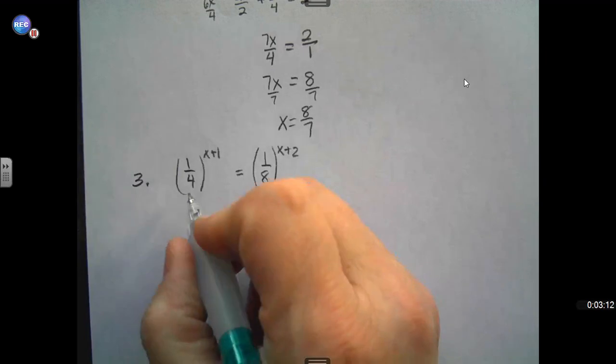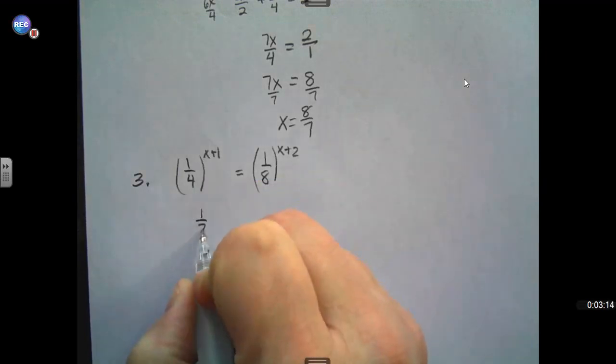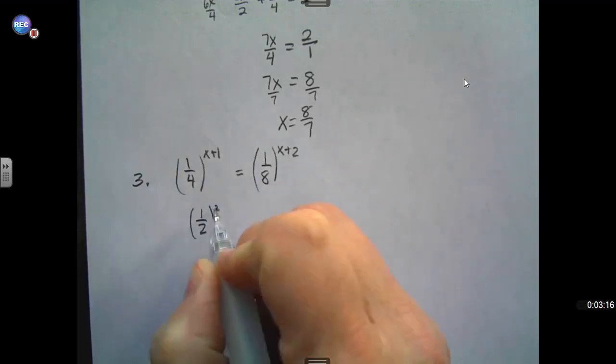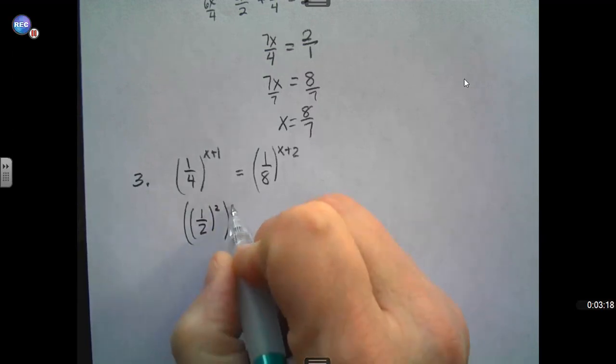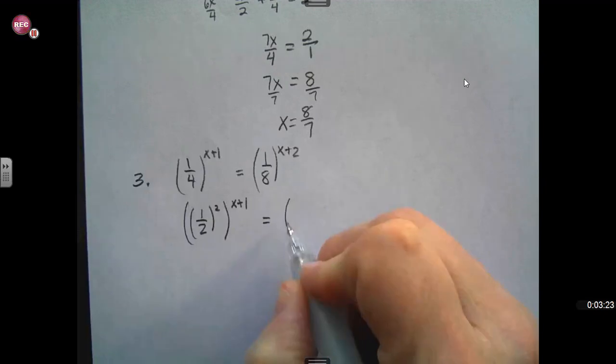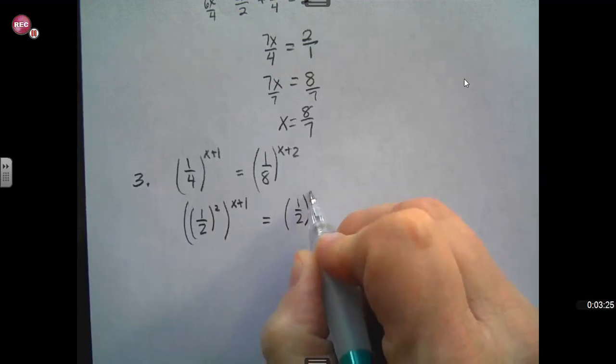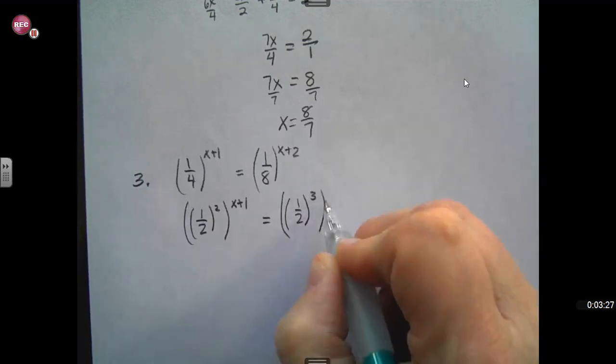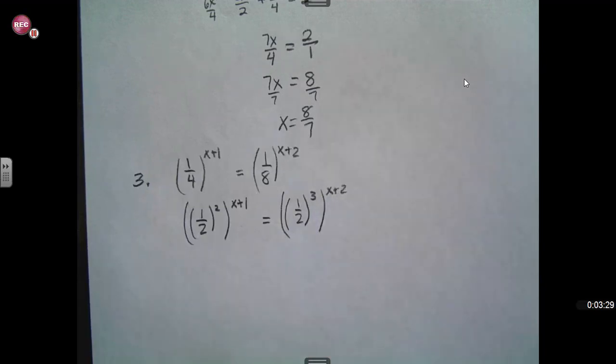Okay, so 1/4 is 1/2 squared, and that's being raised to the x plus 1 power. And 1/8 is 1/2 cubed, and that's being raised to the x plus 2 power.